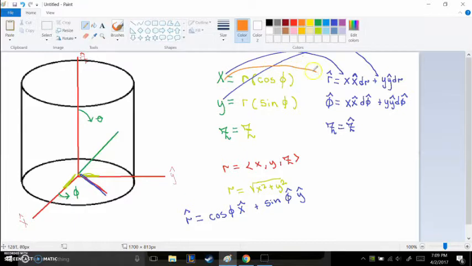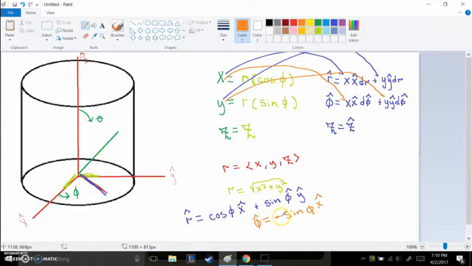So plug this guy in here, plug this guy in here, and for the phi direction, it's going to be equal to, the derivative of sine is cosine and the derivative of cosine is minus sine. So we're going to have minus sine of phi in the x direction.